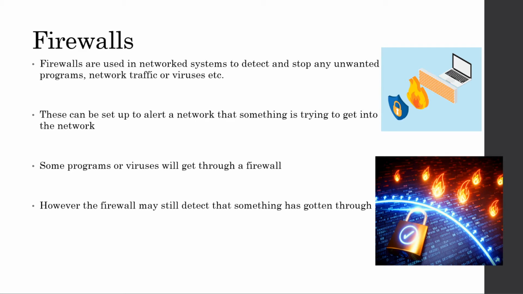You can use them for detecting things on the network instead of protecting it. Firewalls need to be kept up to date because if they're not, a new virus or a new Trojan could come through, and it wouldn't know what it is. It would just let it through, thinking, "Oh, it looks fine."